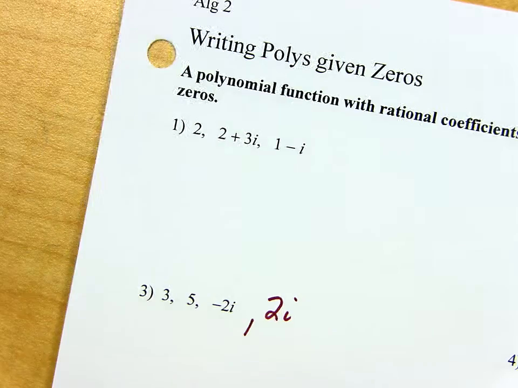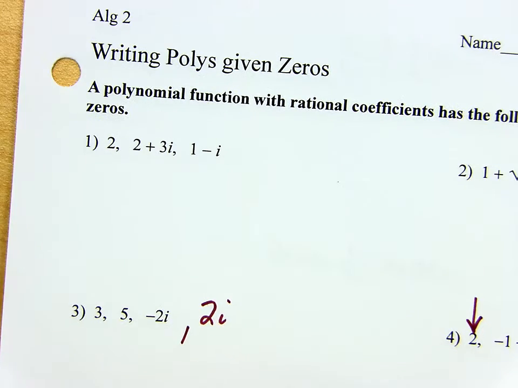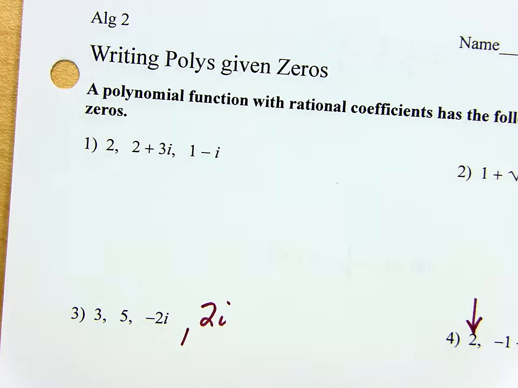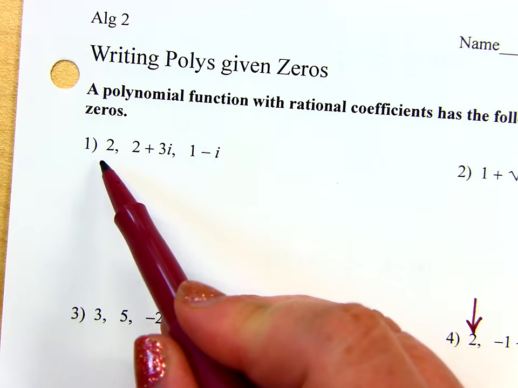You try it for number 1. Okay. Does 2 come with a partner?